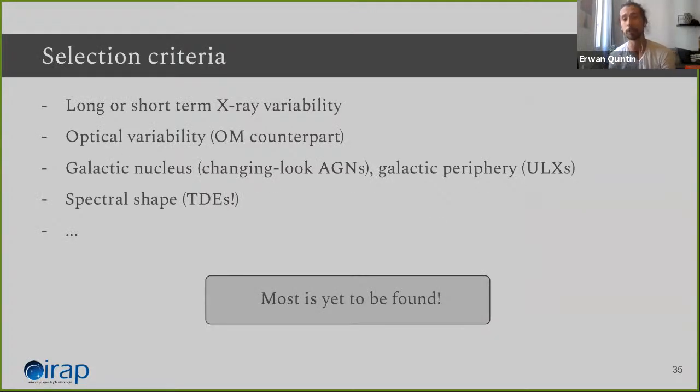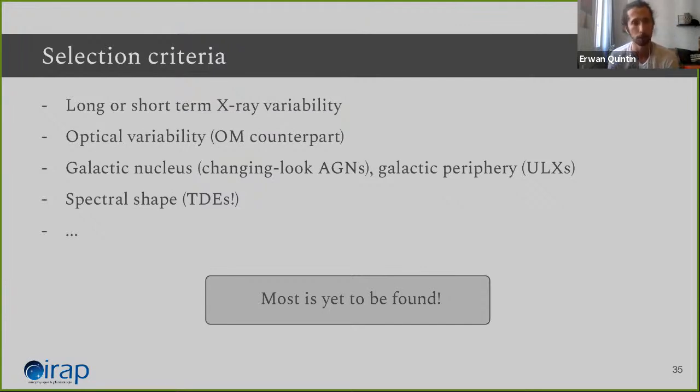But then we need to dig into those 3 million data points, and we need to find selection criteria to find interesting sources. There are a lot of them: long or short-term X-ray variability, of course. We can also use the optical variability. We can work on the spatial position of the source, whether it's at the center of the galaxy or at the periphery of a galaxy.